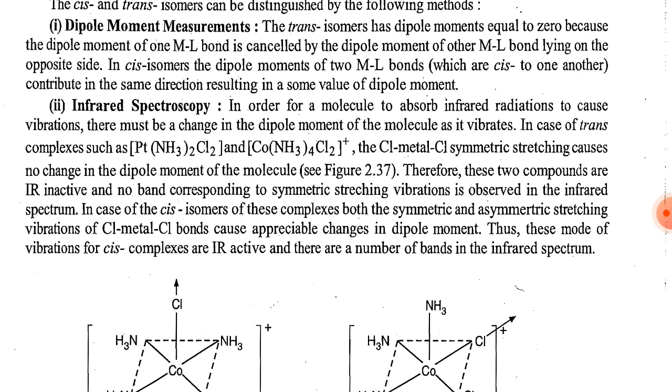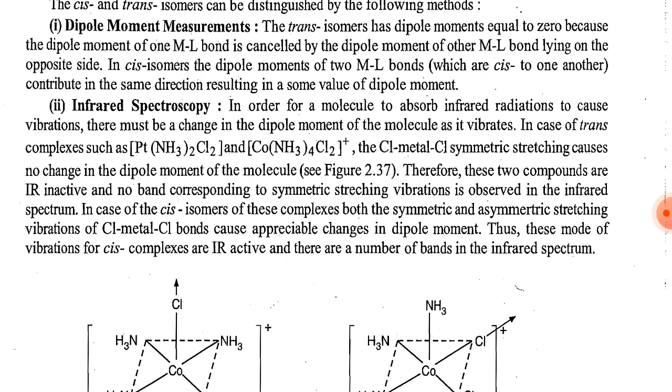trans complexes such as Pt(NH3)2Cl2 and Co(NH3)4Cl2, the Cl-metal-Cl symmetric stretching causes no change in the dipole moment of the molecule. If a trans form complex is in the presence of infrared radiation, the Cl-metal-Cl symmetric stretching will not make any change in the dipole moment of the trans isomer.